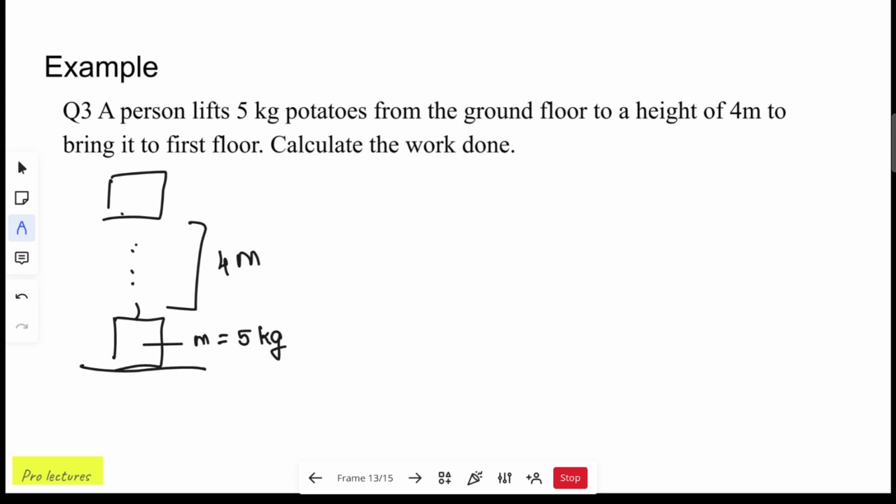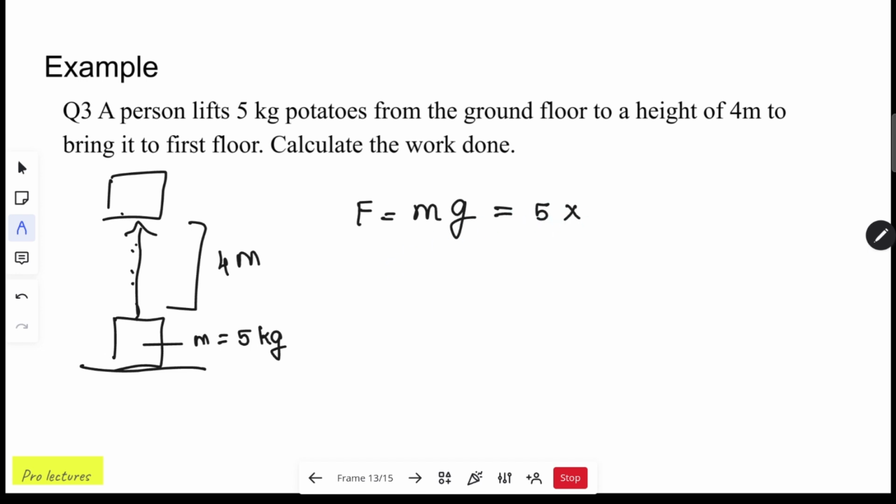We saw in the previous chapter we have the gravitational force. So when we move this object up, it is gravitational force acting. What is the force here? M into G. What is the mass? 5.